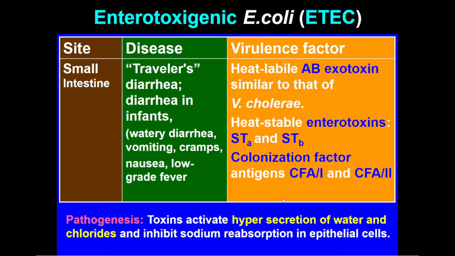And also very strong colonization factors allow these bacteria to stay attached to the epithelium of the upper small intestinal tract, right? And the toxin produced by these bacteria causes hypersecretion of water and ions and inhibits the sodium reabsorption in the epithelial cells.